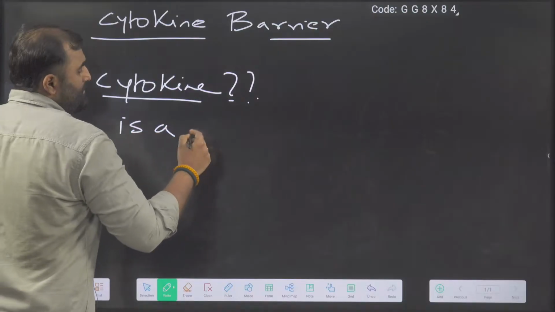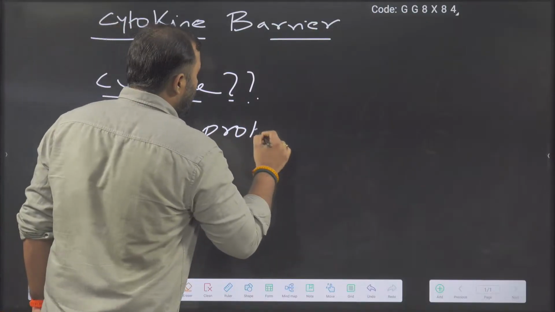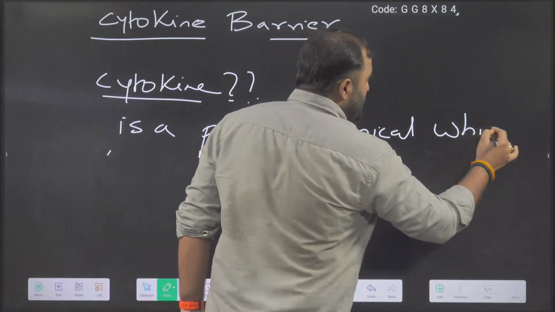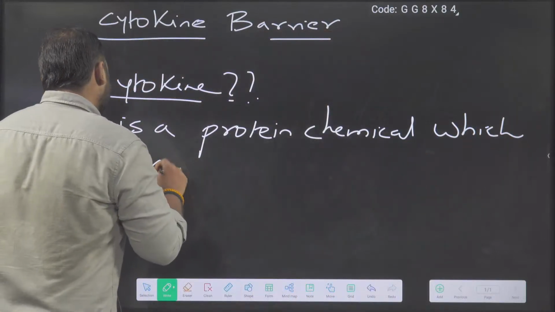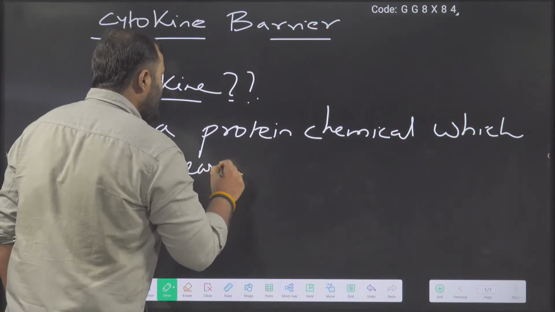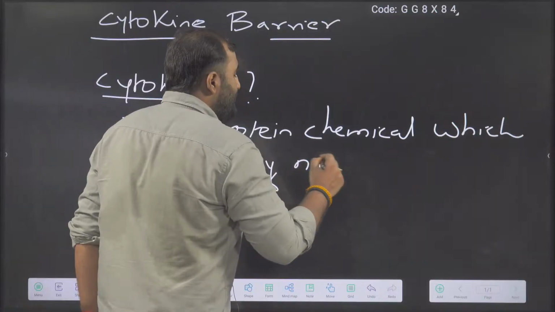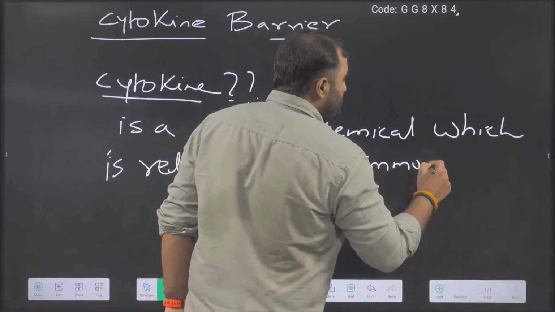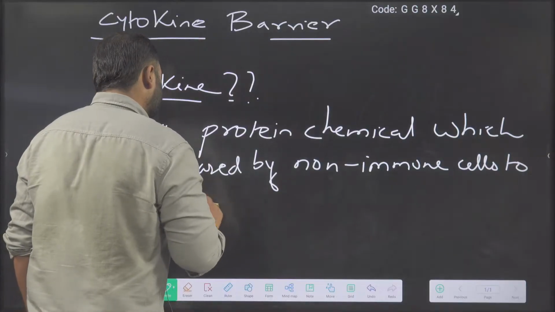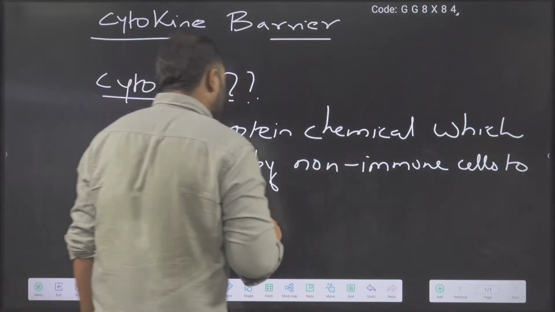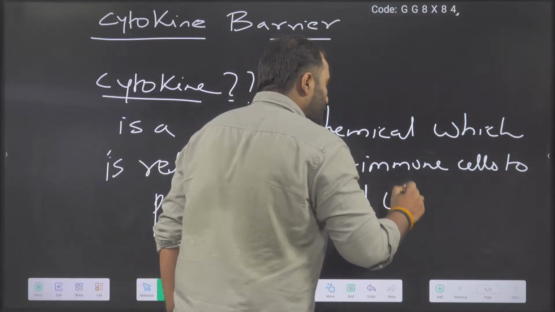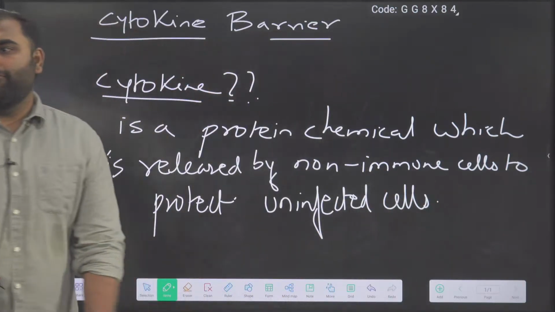Cytokine is a protein chemical which is released by non-immune cells to protect the uninfected cells.